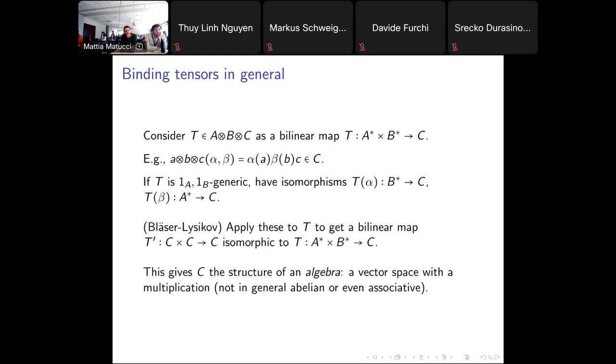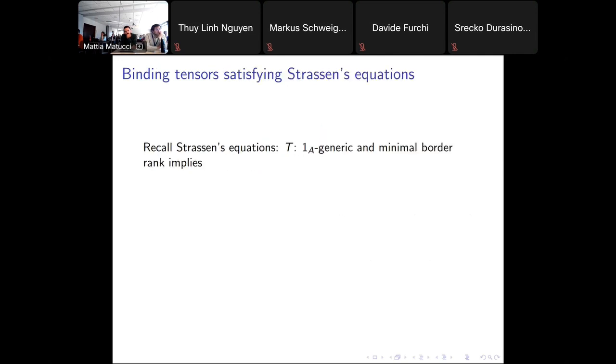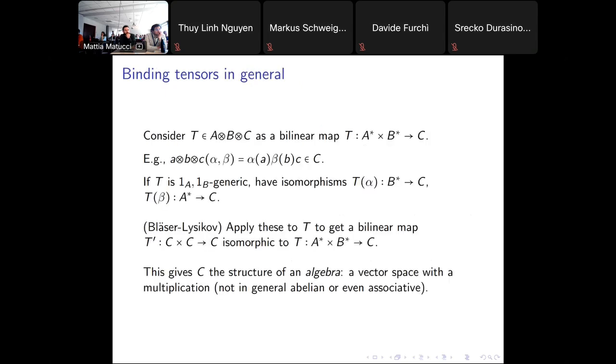It need not be abelian or even associative, but it is an algebra. So any binding tensor is isomorphic to the structure tensor of an algebra.